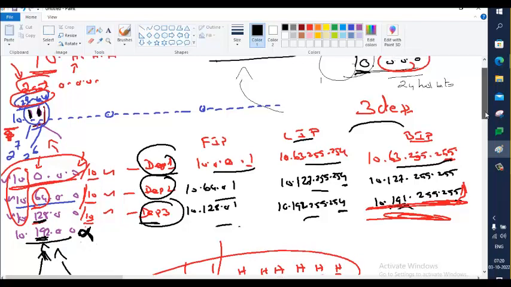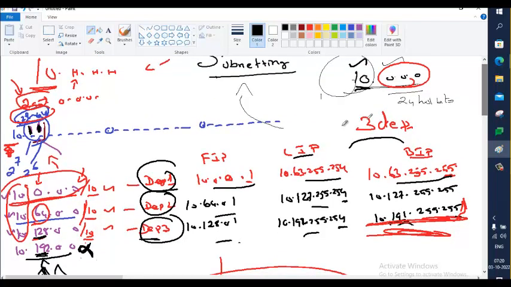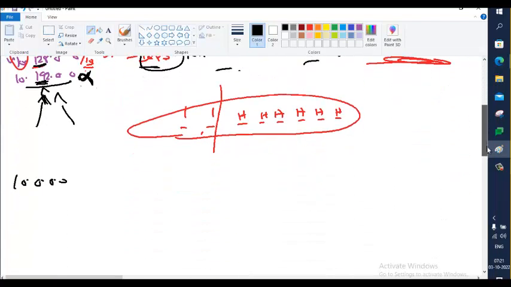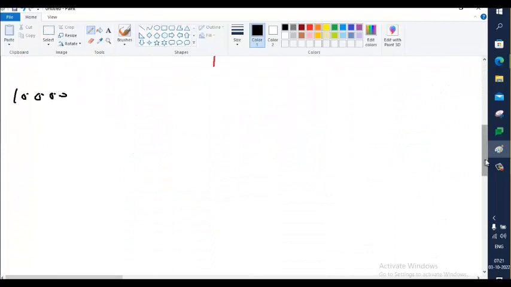Why? When I borrow 2 bits, I get 3 subnets. If I borrow 1 bit, I will get only 1 subnet. So it's the same answer whether you have 2 departments or 3 departments. Likewise, whether you have 4, 5, 6, or 7 departments, the answer is going to be the same. You'll understand why in a few minutes.